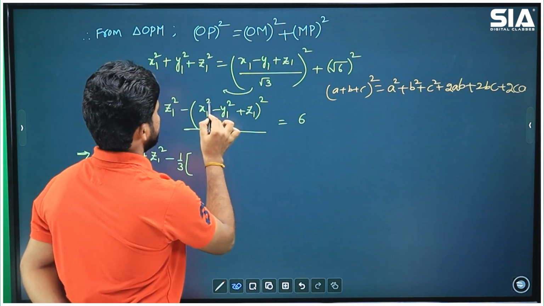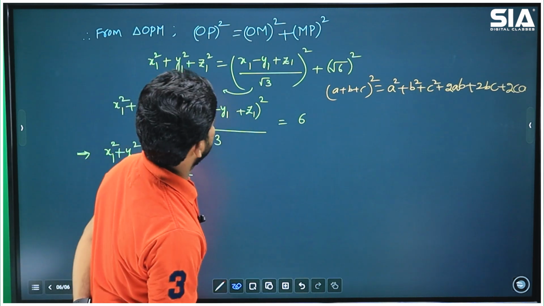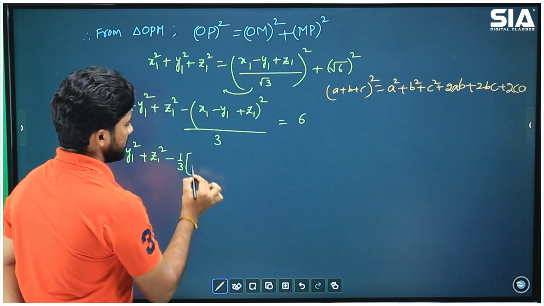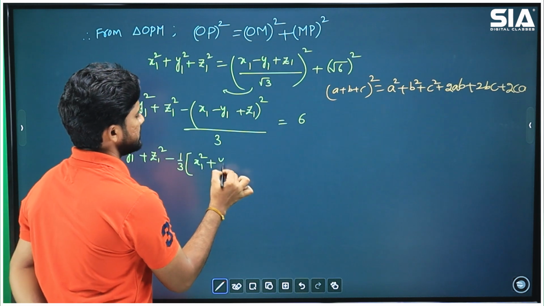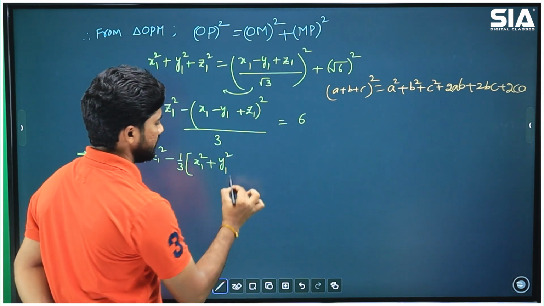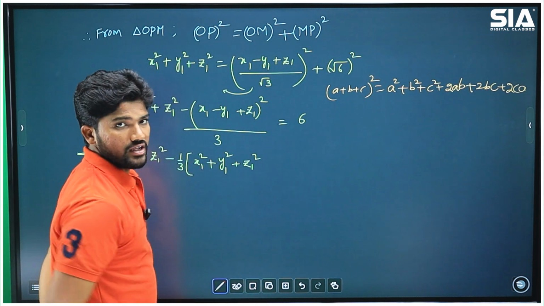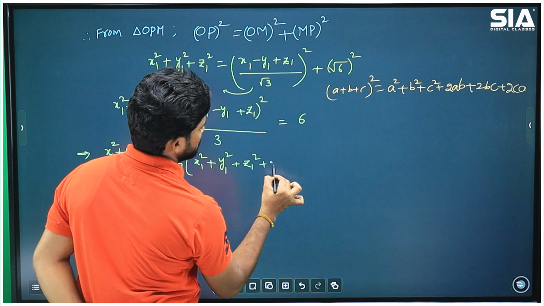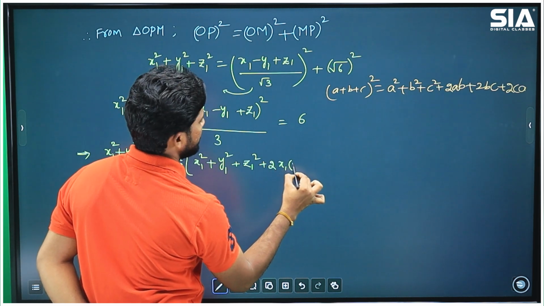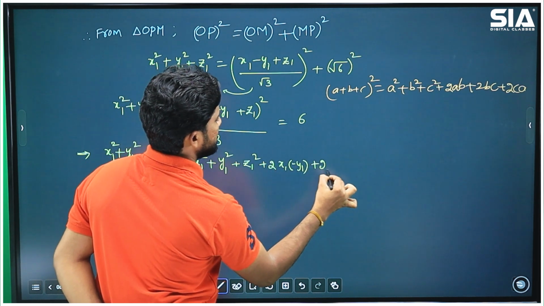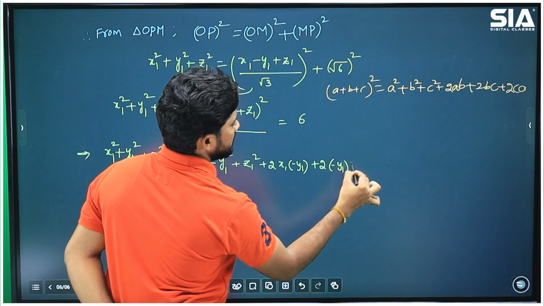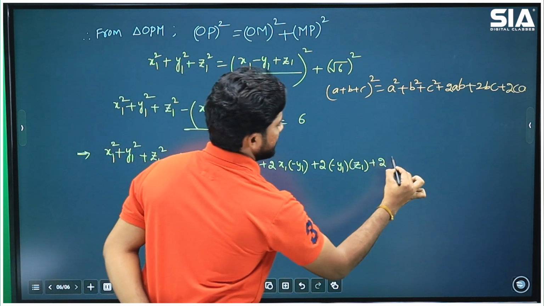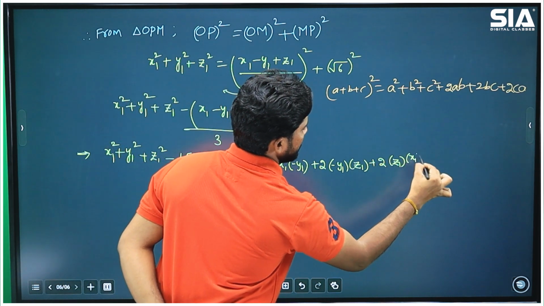These are not x1 squares, x1 y1. Okay, so writing mistake. So now (a − b + c)... x1 squared, (−y1) squared which is y1 squared, plus z1 squared, that is a squared plus b squared plus c squared, plus 2ab, which means 2 into x1 into (−y1), plus 2bc, minus y1 into z1, plus 2ca, 2 into c value z1 into a value x1.